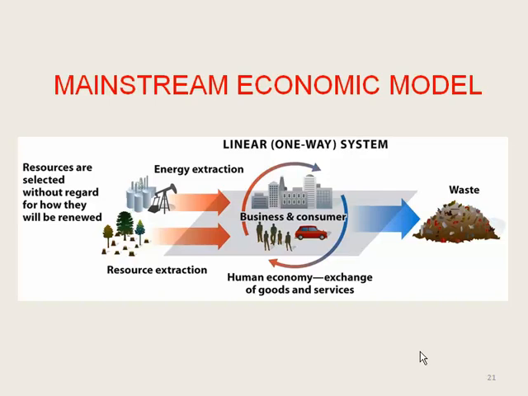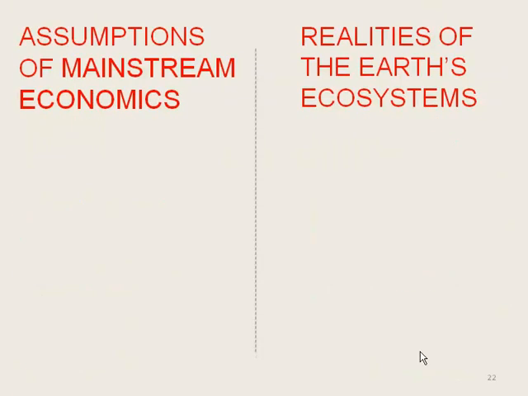So this is a linear system where you take a resource, you use it, you derive value from it, and then you dispose of it. Mainstream economics, like most models, has a series of assumptions with it. And these are going to be in contrast then with the ecosystems of the earth and the natural systems that exist beyond human society, but are closely related.